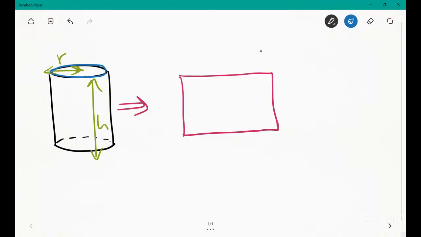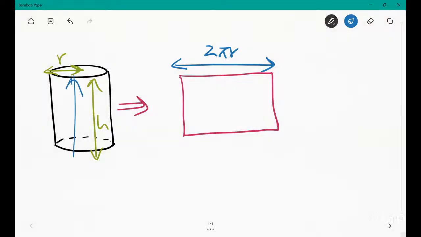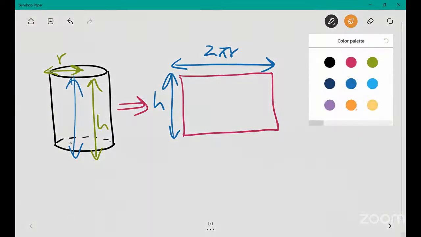Since the rectangle covers this entire length, which is the longer side of the rectangle, this length is going to be 2 pi r. And then this is your height. So you can see it's going to be this portion as your height. Okay, so that's done. So we found one shaded part.